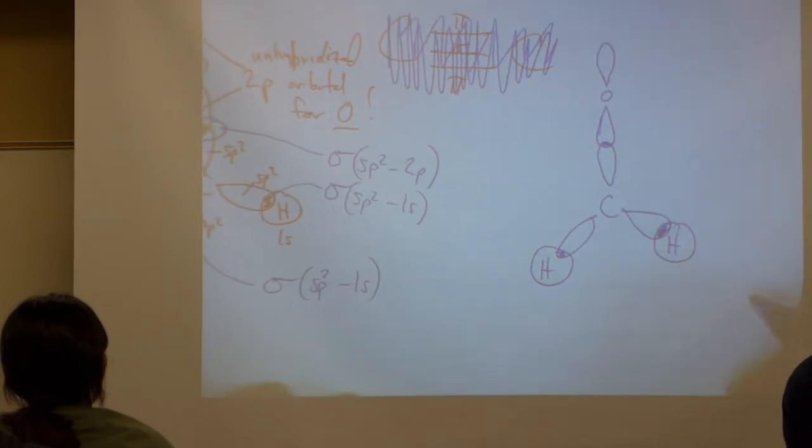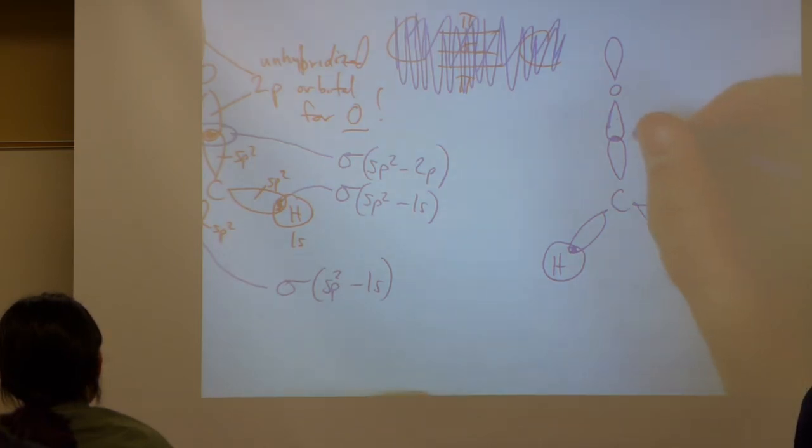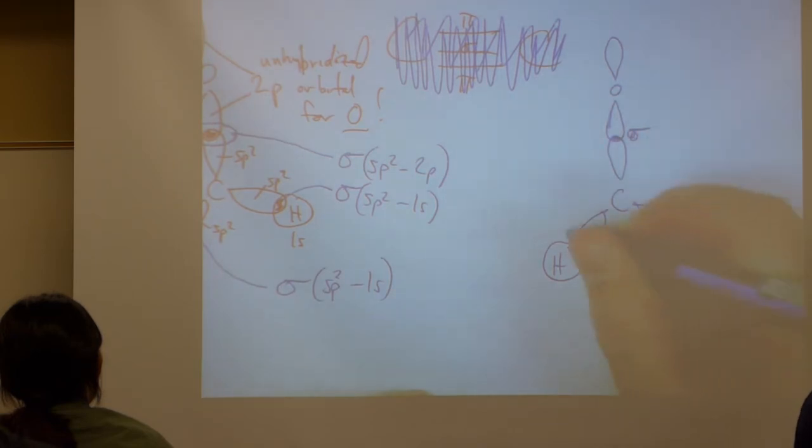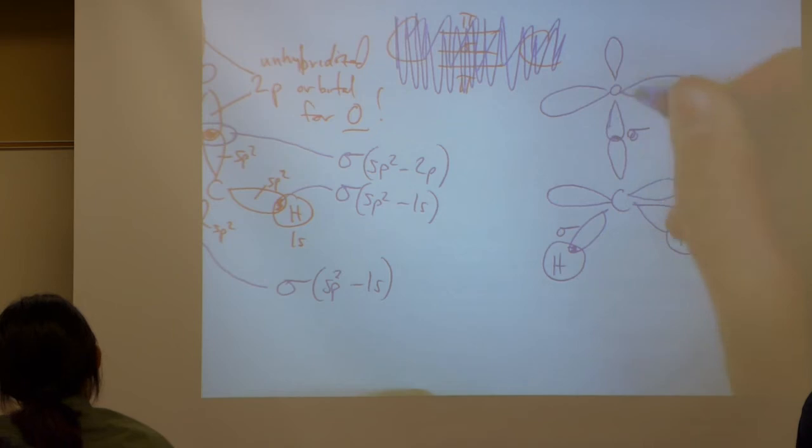Now if I want to add a pi bond to this, because every time you have a double bond, remember you have 1 sigma and then 1 pi. So here are my sigma bonds. But if I want to add a pi, now I'm going to take 2p orbitals and overlap them.